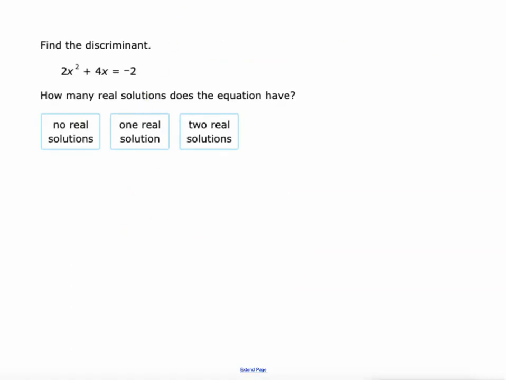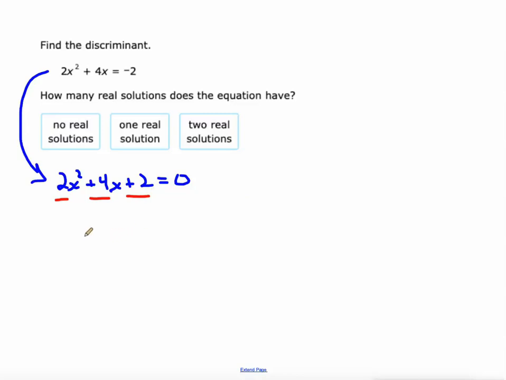All right, this one actually is interesting because before we can determine what a, b, and c are, we have to put this into general form. So 2x squared plus 4x, and then we'll add 2 to both sides. It's actually going to be plus 2 equals 0. Now we can identify that a is 2, b is 4, c is 2.